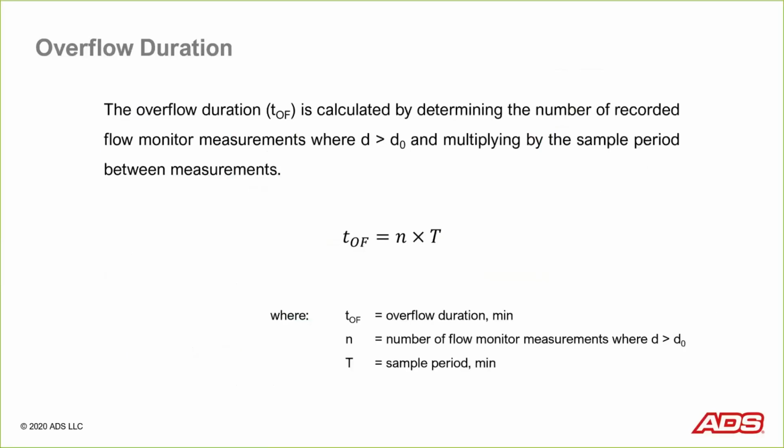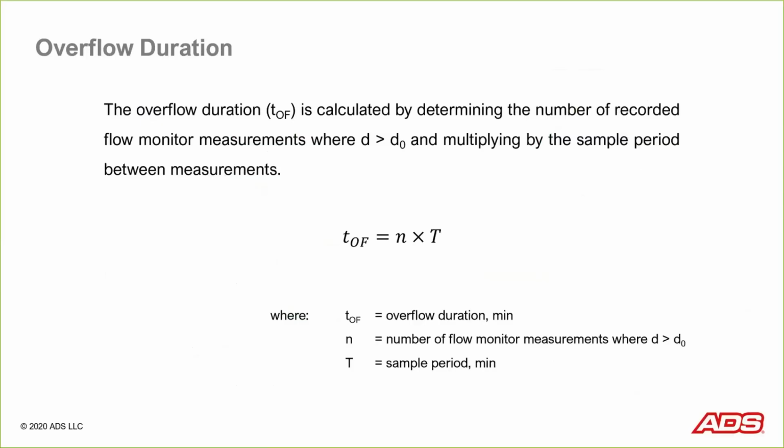So how do we do this? The first part is the overflow duration. This is calculated by determining the number of recorded flow monitor measurements where the depth exceeds the depth at the onset of the overflow. If you know the sample period between each of these measurements, you can simply multiply that out and come up with the duration.